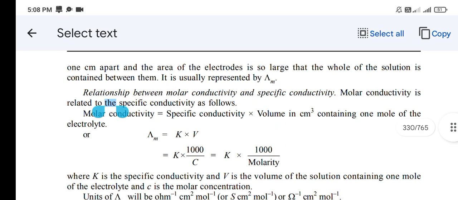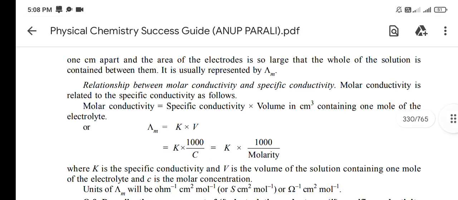The unit of lambda m will be ohm inverse centimeter square mole inverse, or S centimeter square mole inverse.